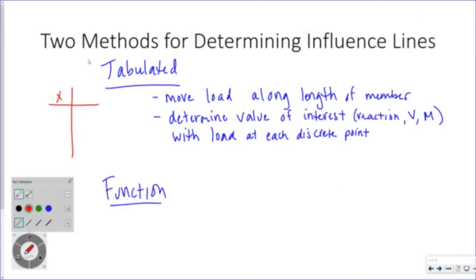If my length of a member, the location is my x variable, and then here's my value of interest, right?